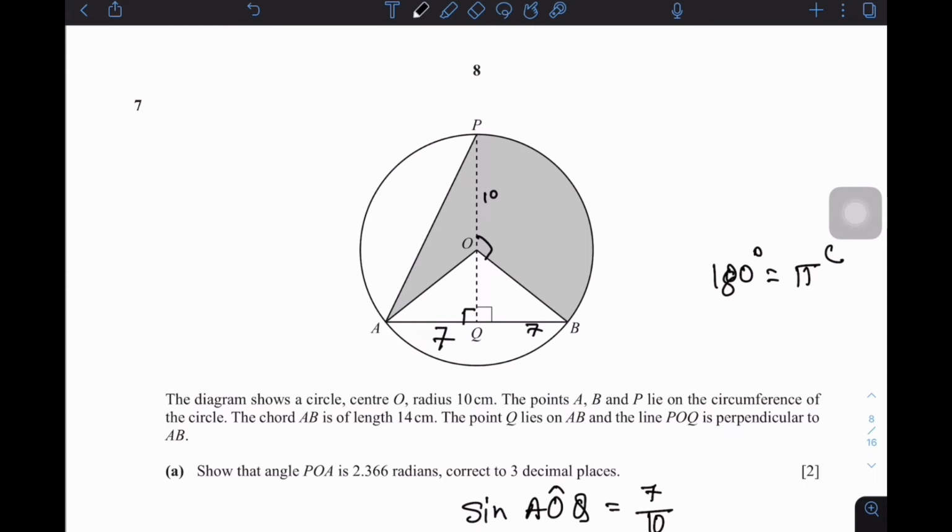To find the perimeter of the shaded part, we can first find the chord AP, then the arc PB. The other two lengths are given as 10 and 10, so we can add these two.